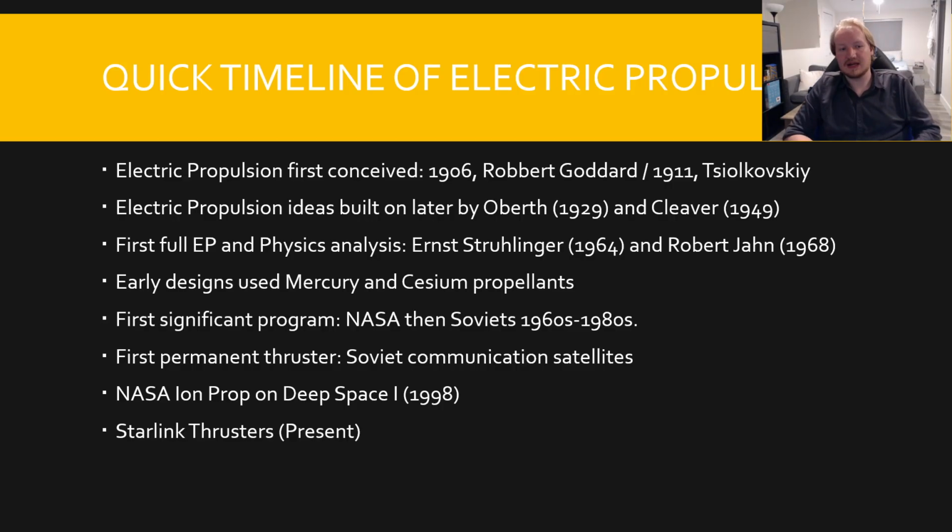NASA then made their first permanent thruster in the Deep Space One, which is a very, very important spacecraft because it was designed to leave our solar system, which this was the first one that did that, and it is still out there moving along. This is the other place where ion propulsion is very, very helpful because a very low thrust over a very long time will build up velocity in space, where there's not much resistance like with air on Earth that's going to be slowing you down.